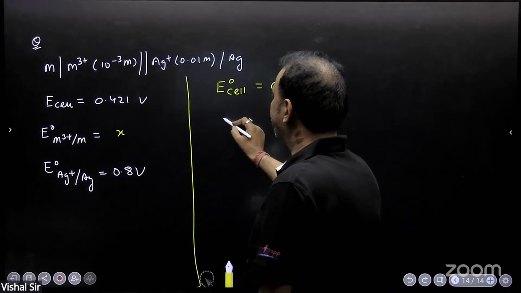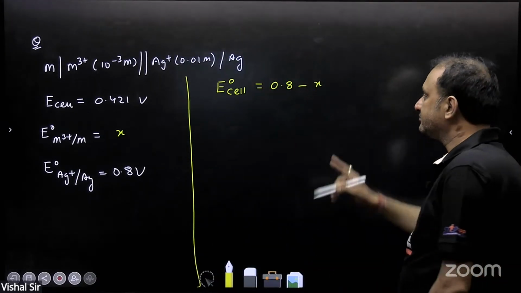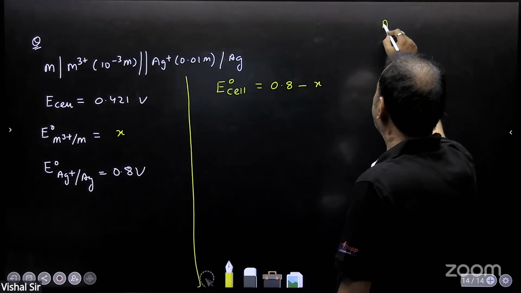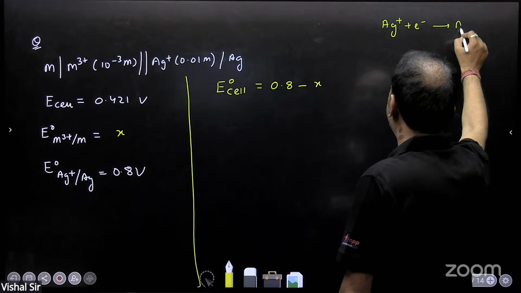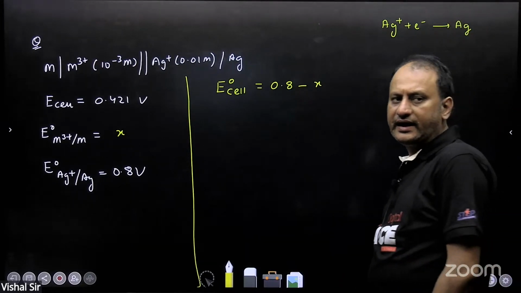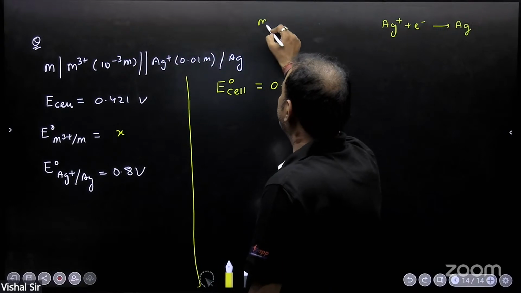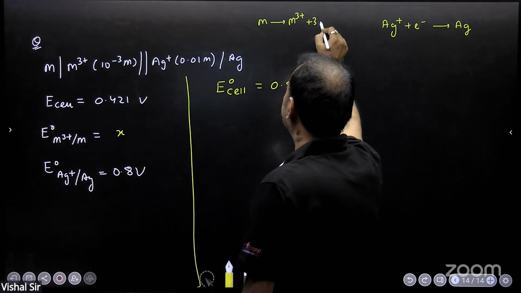Now let's apply Nernst. But before that, let's write the equations. At cathode, the reaction will be Ag plus 1 electron goes to Ag. At anode, the reaction will be M goes to M3 plus 3 electrons.